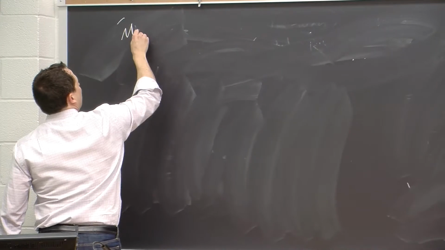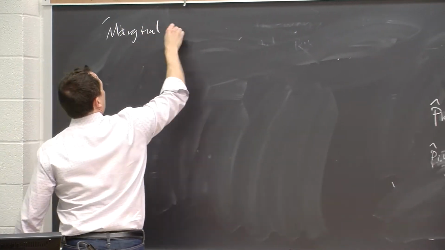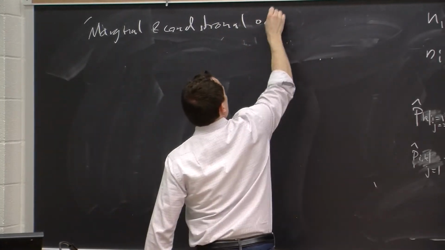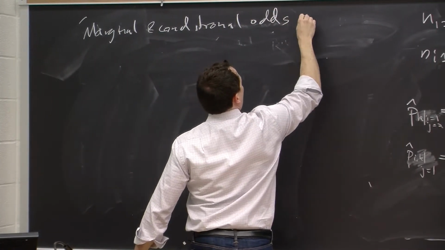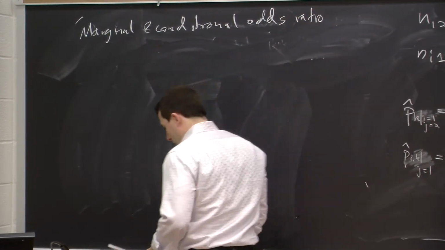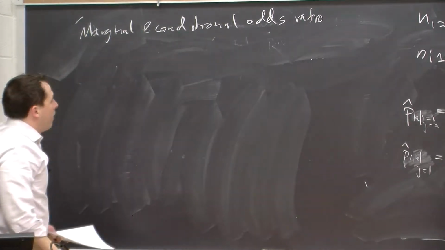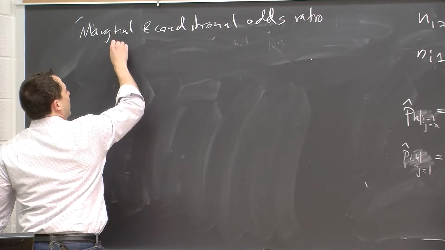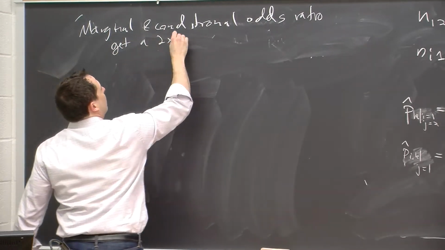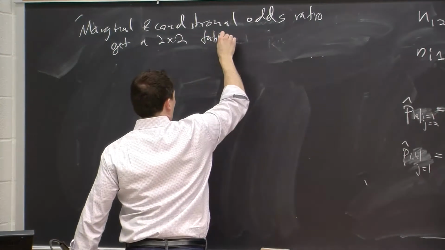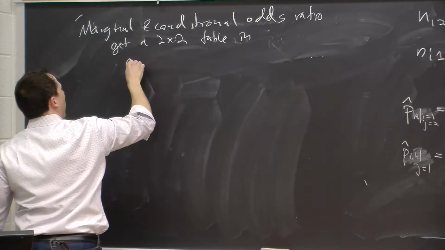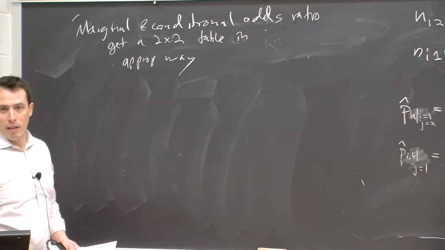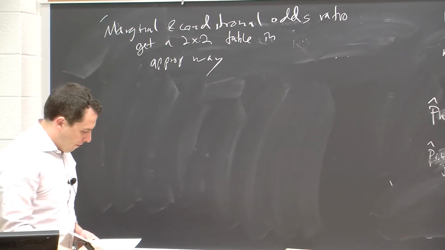So, right, we could consider marginal and conditional odds ratios, like in this Simpson's paradox example. And there's nothing special about this. We get a 2x2 table in the appropriate way by conditioning or by summing over the variable we don't care about.